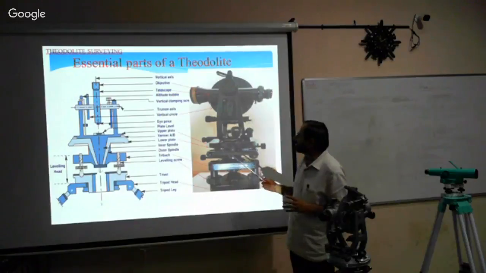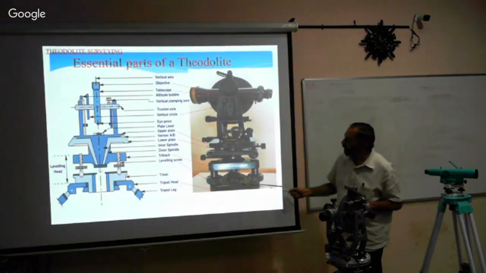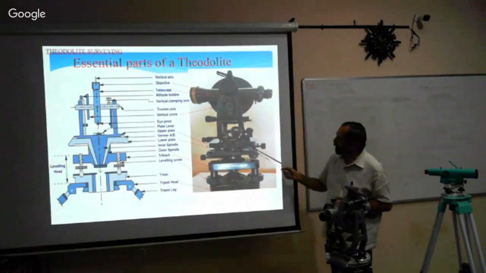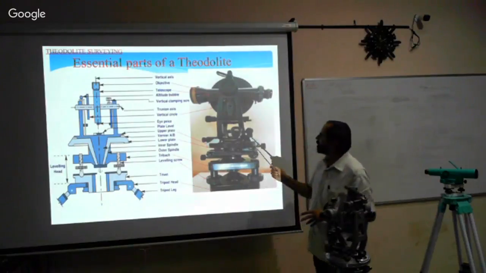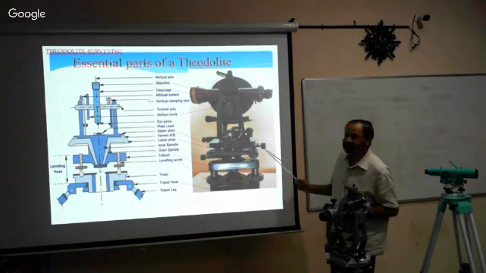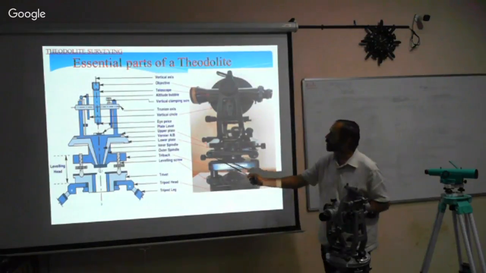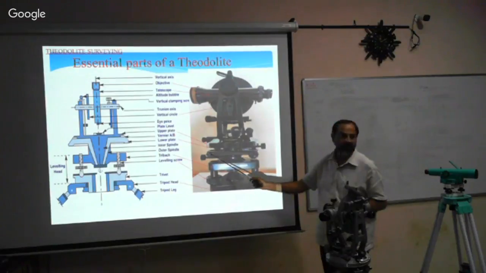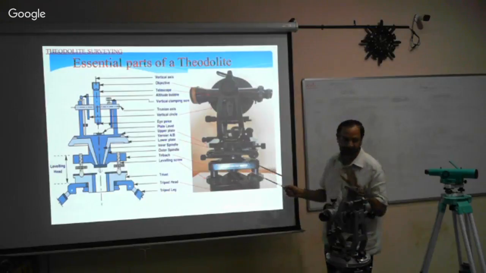Now this is the leveling head and the horizontal circle. Now see, the micrometer. This is the upper clamp screw. This is the lower clamp screw. Now this is the tangent screw. Now the major part of the job is done.